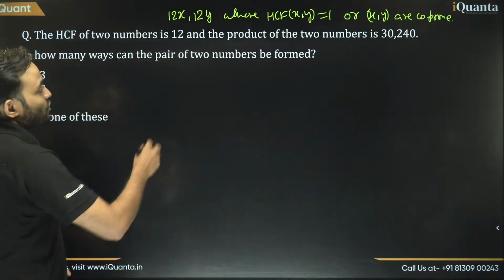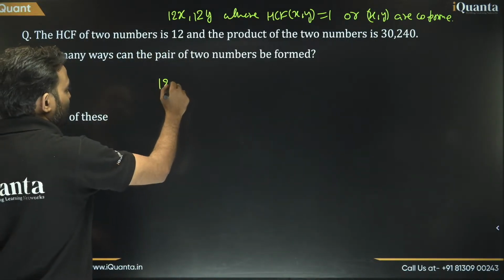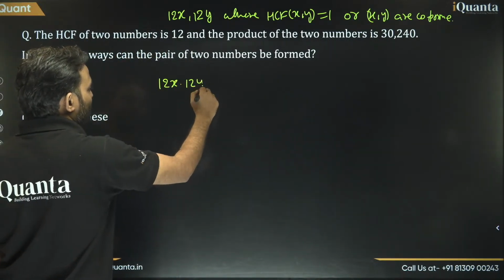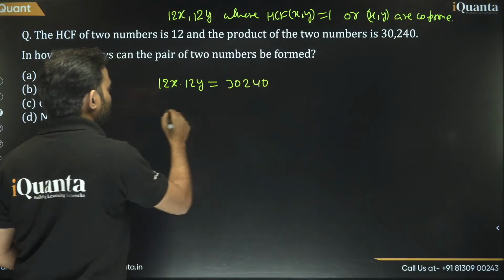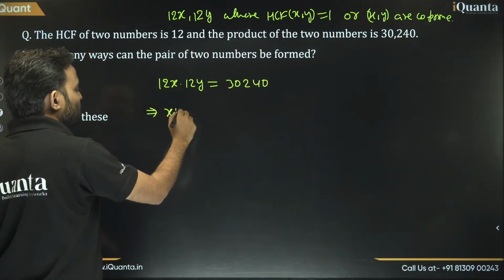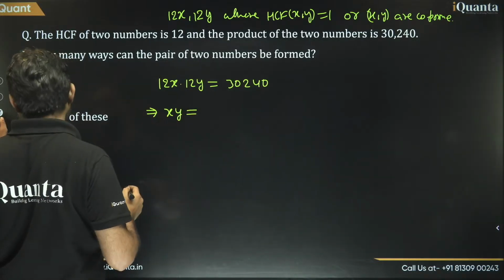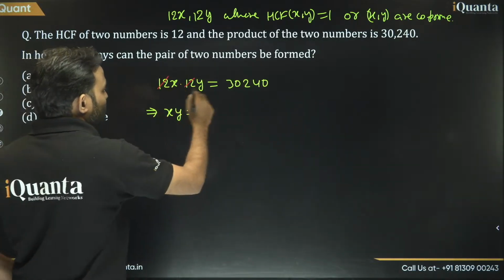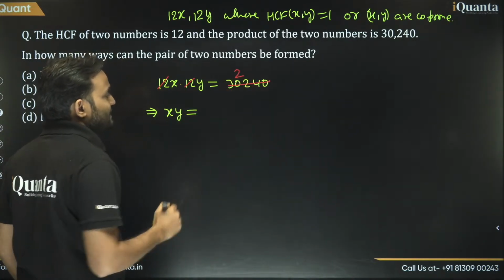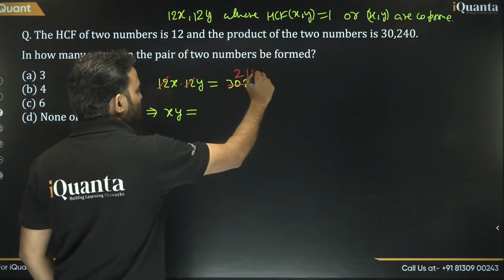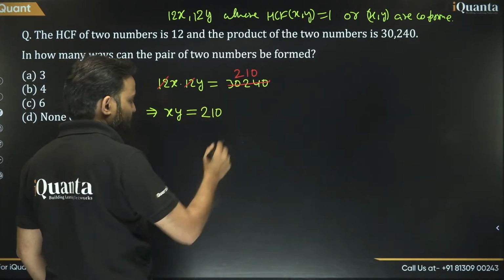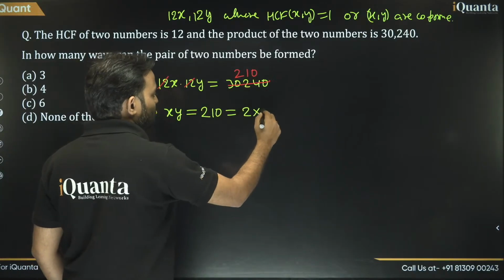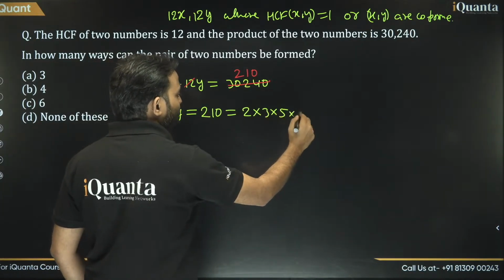So the product of these two numbers, 12x into 12y, is equal to 30240, or we can say xy will be equal to 30240 divided by 12 into 12, which is 144 into 210. So x into y is 210. 210 is equal to 2 into 3 into 5 into 7.